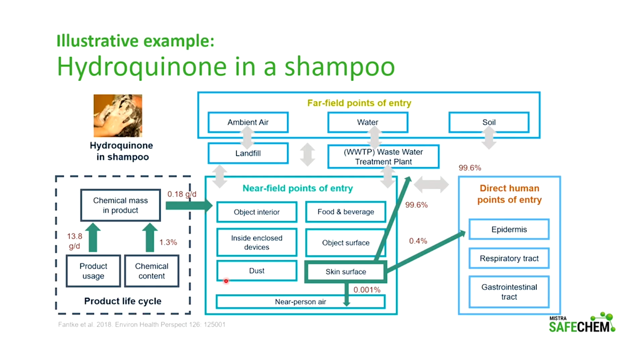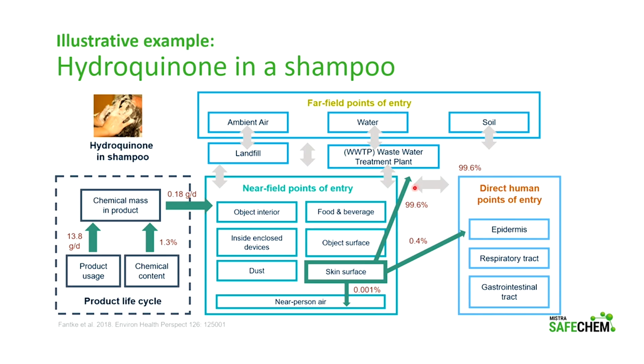But before I dive into that, let's take a look at what is going on in the background of the model. So basically what we provided was the product usage and the chemical content. And with this, USEtox basically calculates the inventory flow, let's say, so the chemical mass in the product. And based on the product category, it also knows the near field point of entry. So which compartment is this chemical emitted to? In the case of a shampoo, it's the skin surface area. And from there, the chemical distributes into different other compartments.